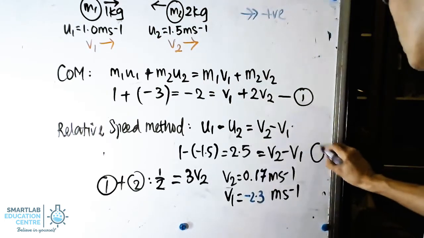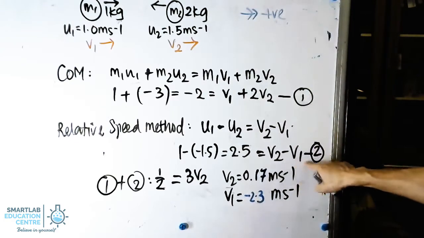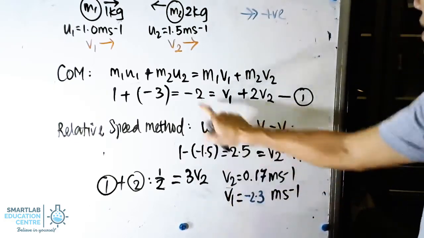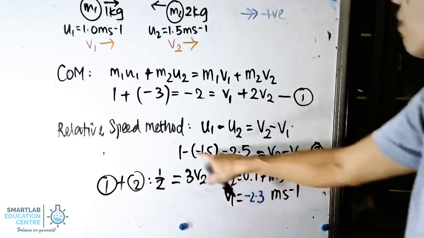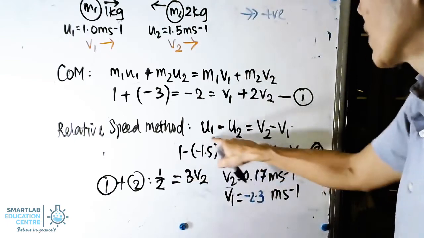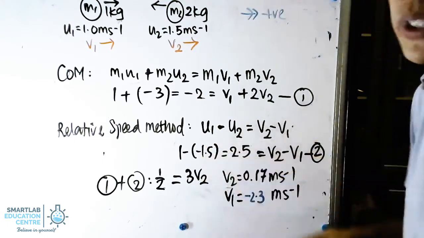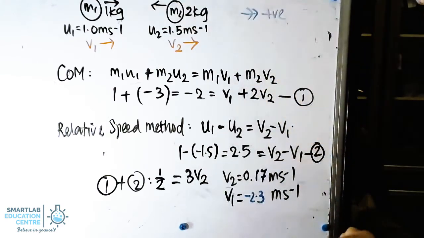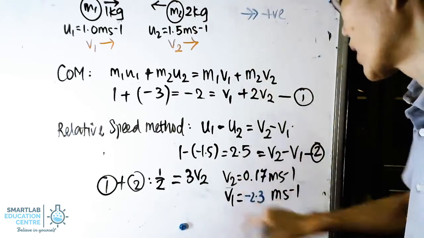So based on these two equations, if you add both of them together, the minus V1 and the V1 cancel away to give you 3V2, and minus half plus 2.5 gives you half. Bear in mind that when we calculate U1 minus U2, you have to take note that U2 had to be negative 1.5 because it's pointing in the opposite direction to the convention. And basically solving that, you'll get a V2 and V1 as such.